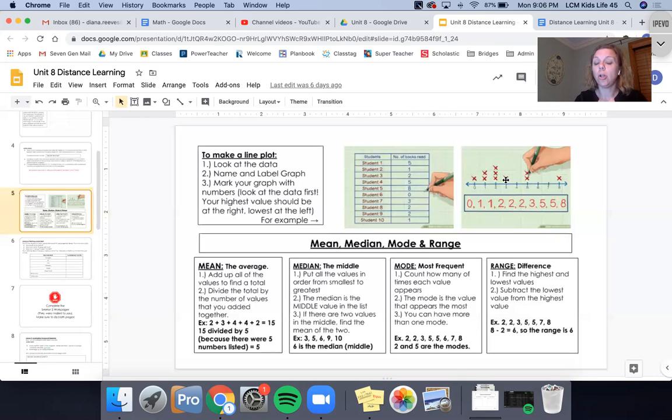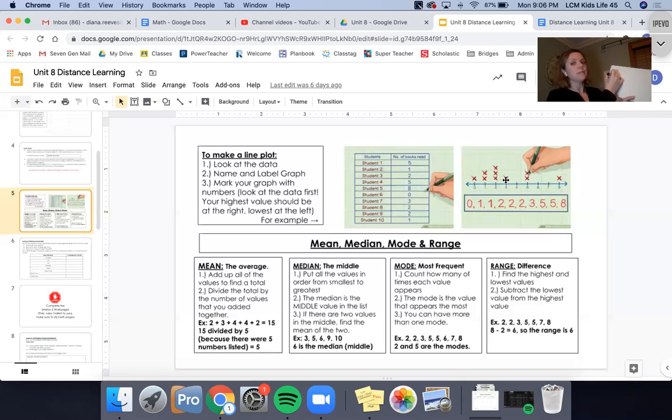Median is the middle when you arrange the numbers from least to greatest. Similar to how I set them up on my line plot, but now I'm not going to include the numbers that don't exist, because my line plot before had the numbers on there that had no readers.